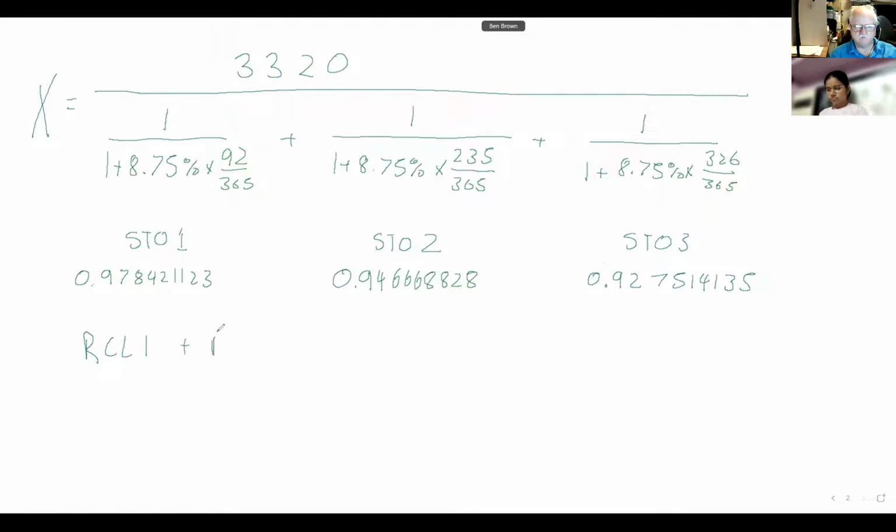So now that I have these things all stored, I can recall 1 plus recall 2 plus recall 3 and see what that equals. I'm getting 2.852604086. I can hit the 1 over X and then times 3320.